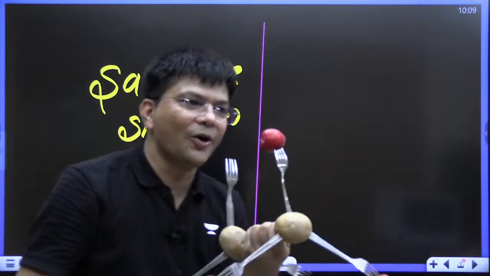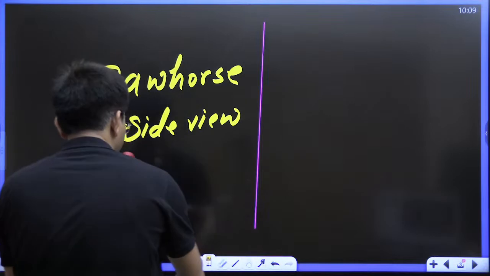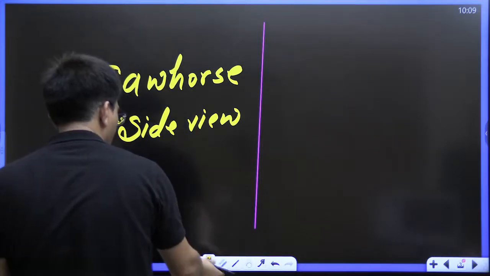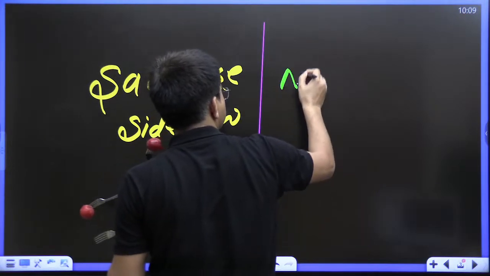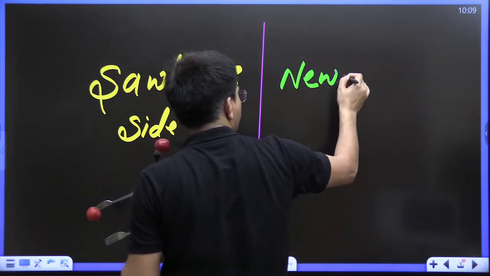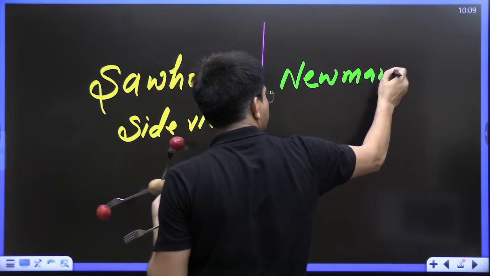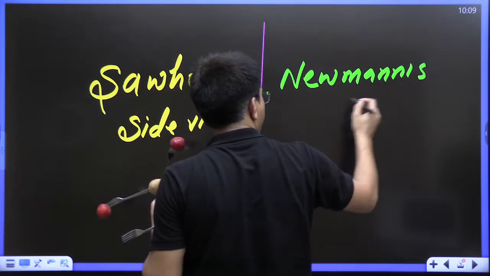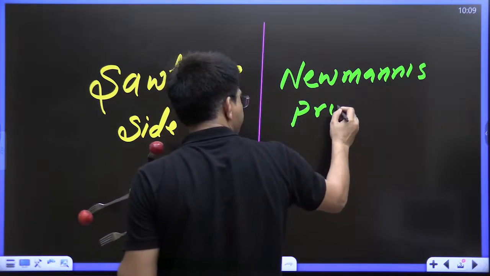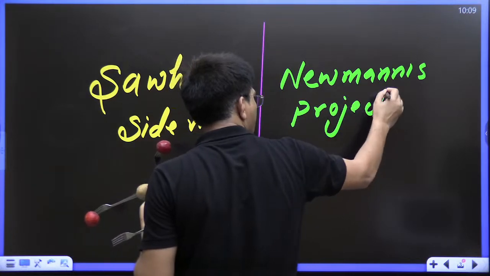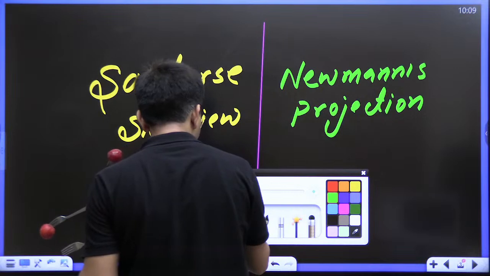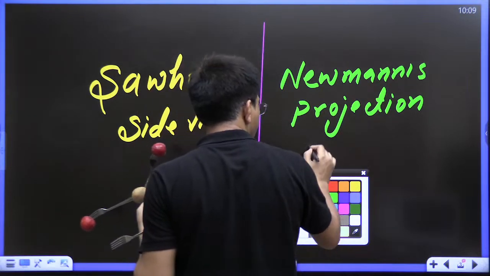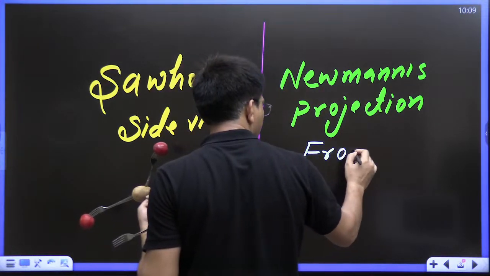So let me write down another scientist name. One scientist was Sawhorse. Another scientist name is Newman's projection formula. So Newman has seen the compound from the front. This is the front view.